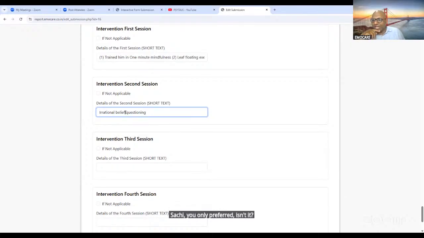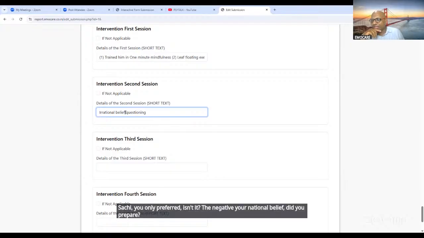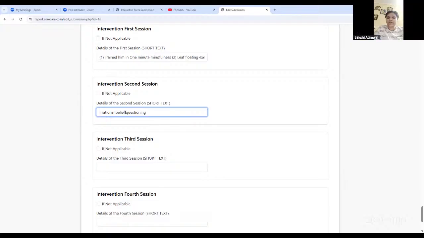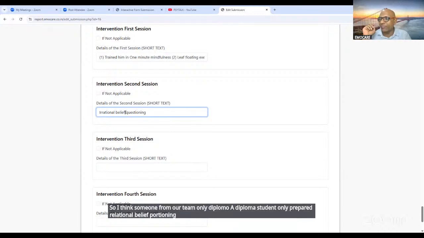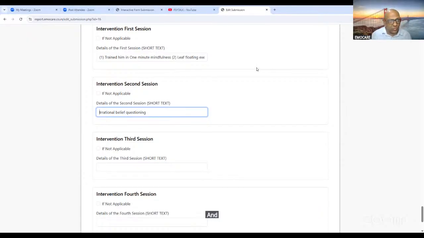Did you prepare the negative irrational belief questions? No, sir, only a few questions I prepared. Acha. So I think someone from our team, a diploma student, prepared the irrational belief questioning. 100 questions we prepared and asked in the second session. That is actually disputing. That is REBT.